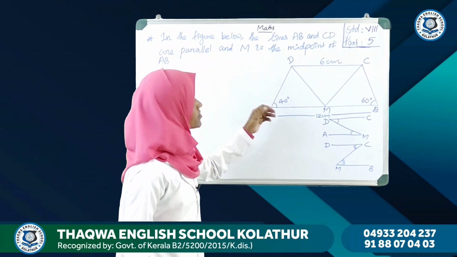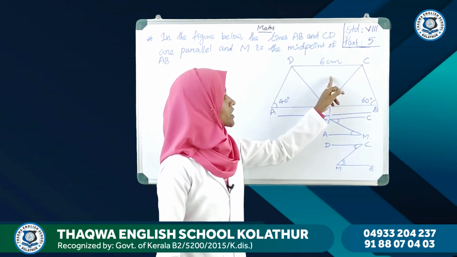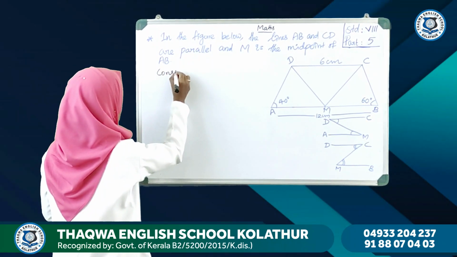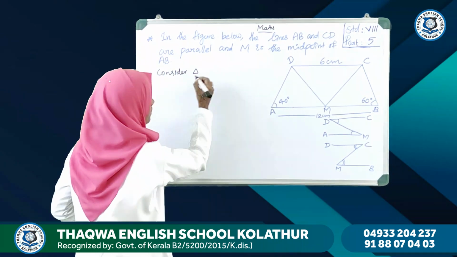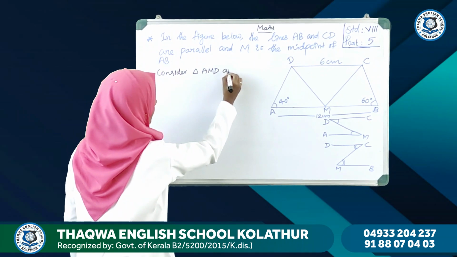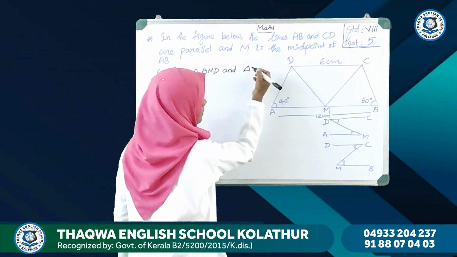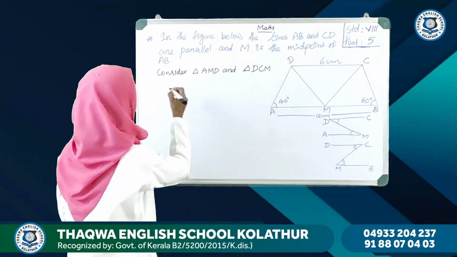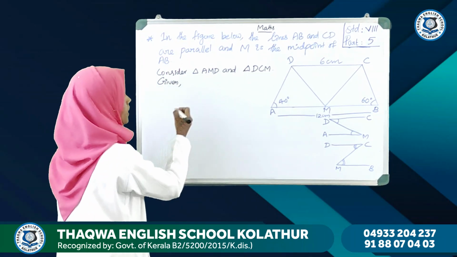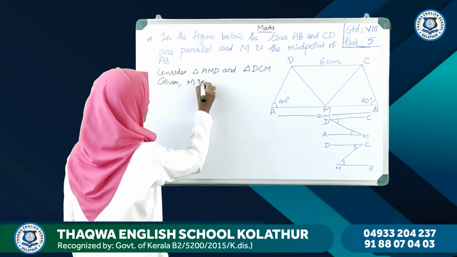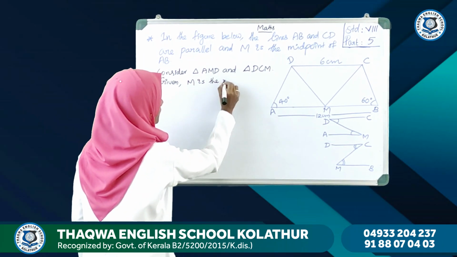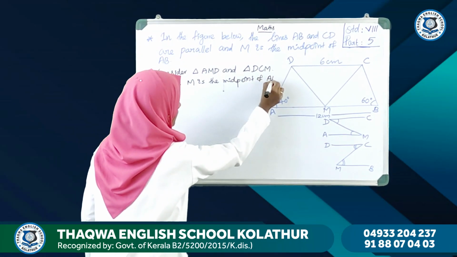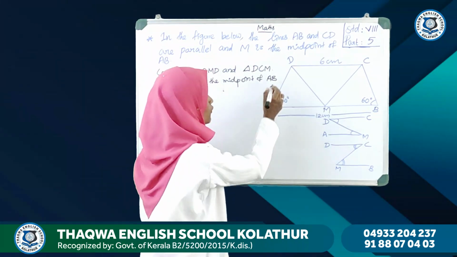First, consider triangle AMD and triangle DCM. Now given M is the midpoint of AB.